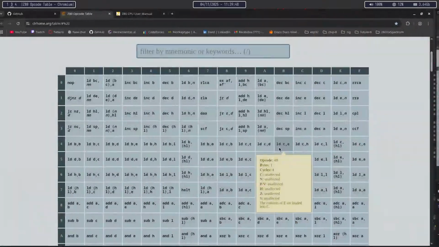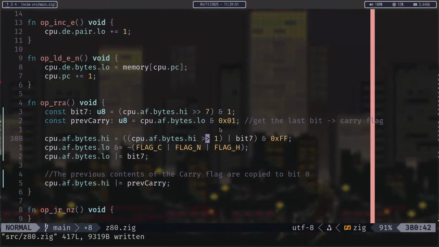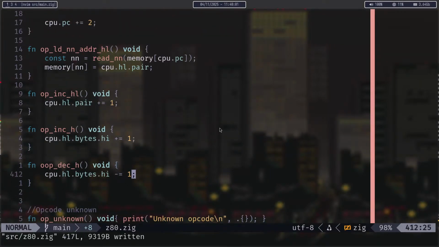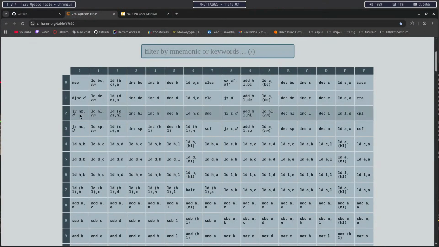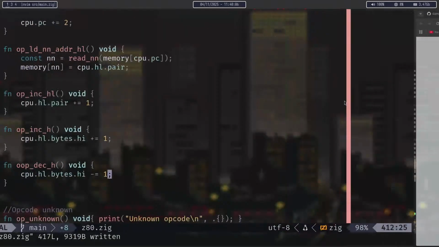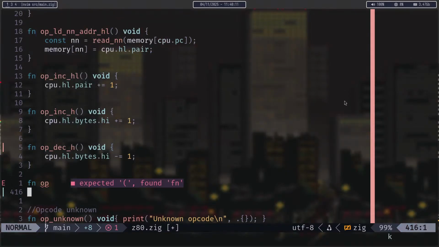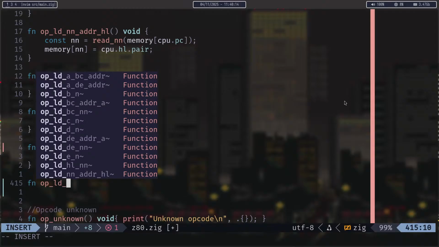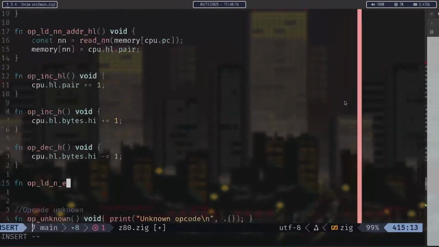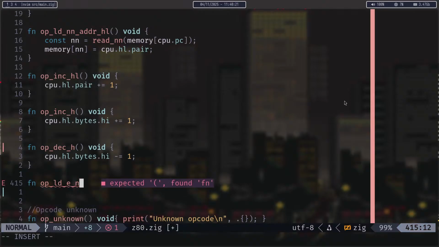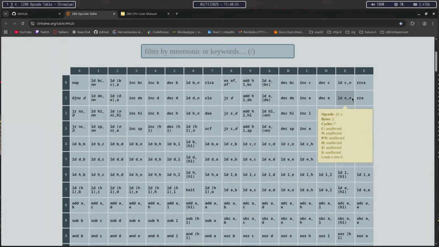Let's write this to 4 and leave this like this. Okay. Wait, what? I already have this.